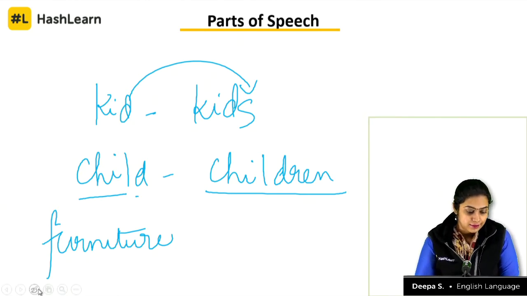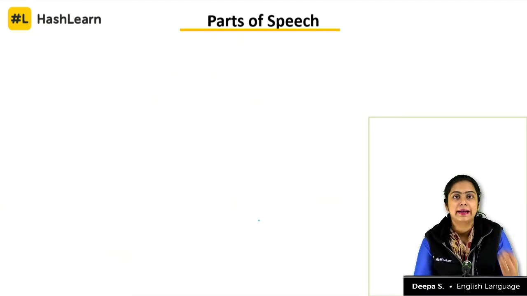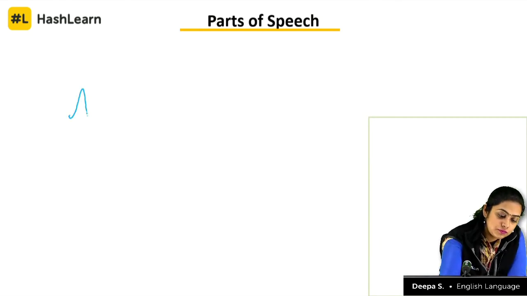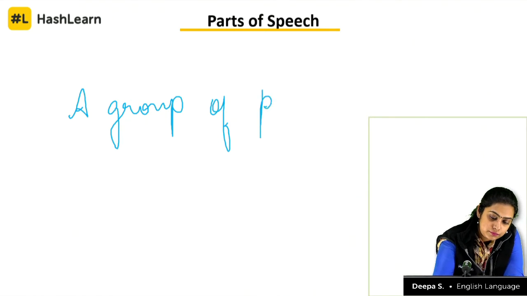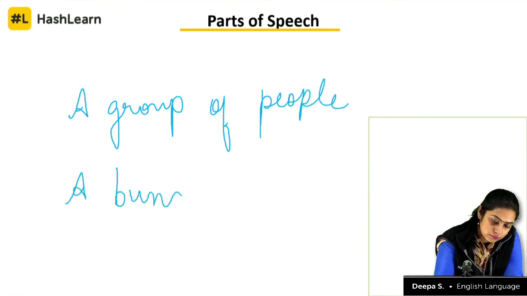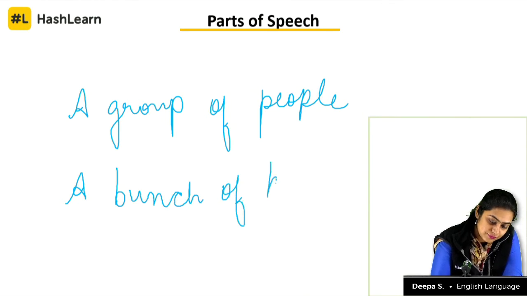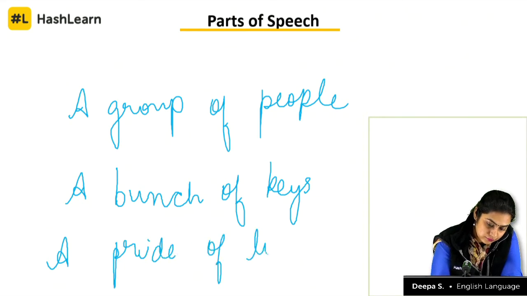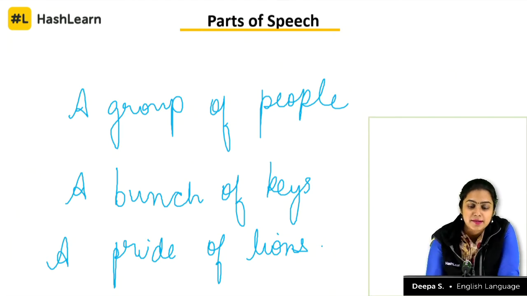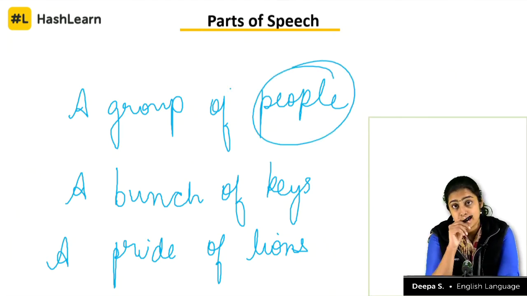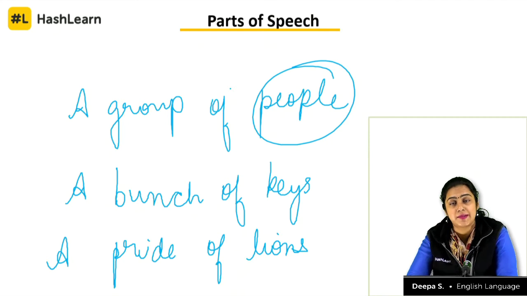Then there is something called a collective noun. Now look at this: people, that is plural for person, correct?